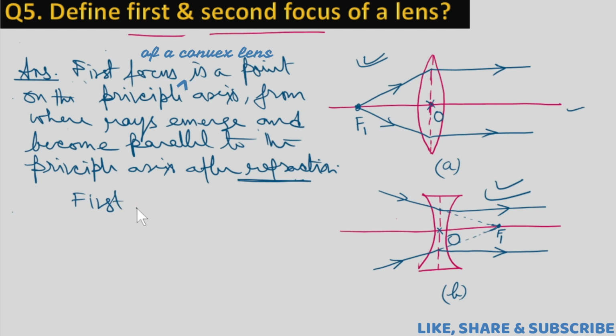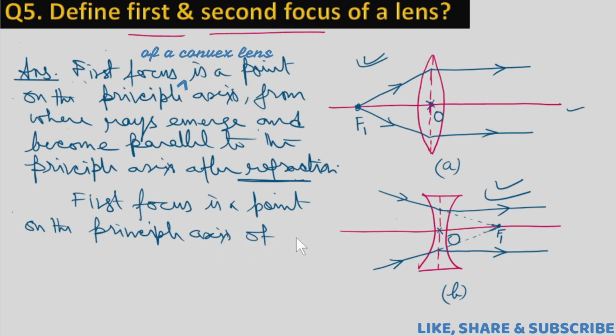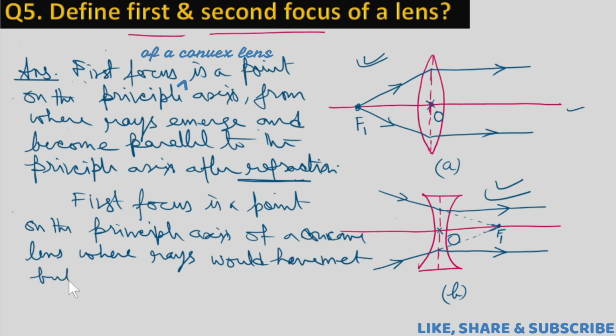First focus is a point on the principal axis of a concave lens where rays would have met but become parallel to the principal axis of the lens.